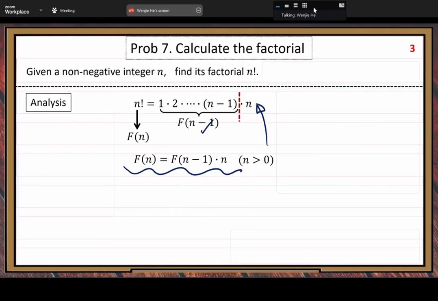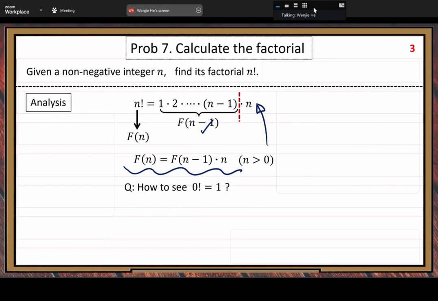When n equals 0, it's hard to imagine what appropriate value we should use for 0 factorial. It's hard to imagine. Now let's fix that problem. How to imagine, all right.